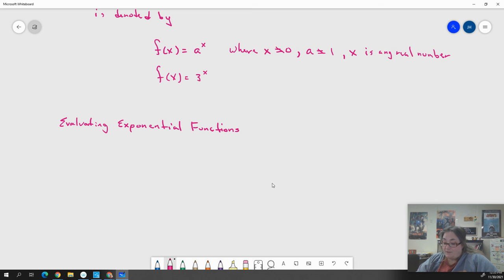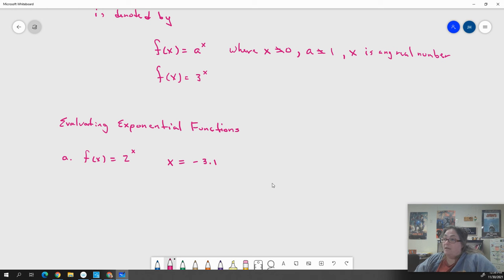When we're evaluating exponential functions, I call anything with evaluating just calculator math. So if I have, say, f of x equals 2 to the x power, I want to know what it is when x equals negative 3.1.